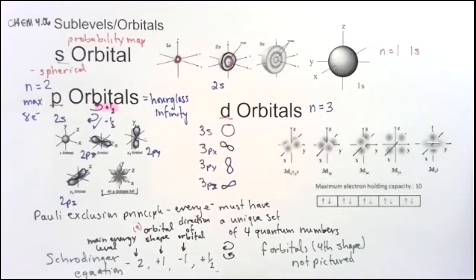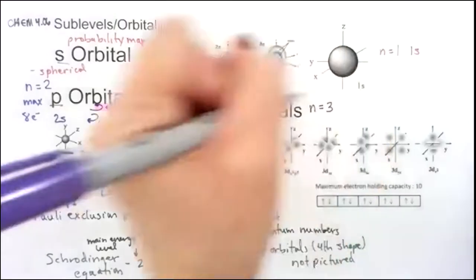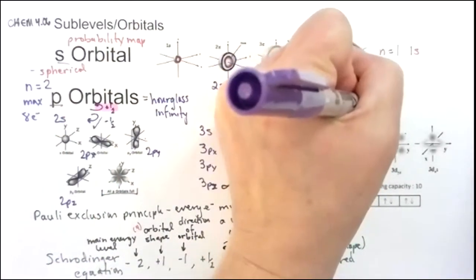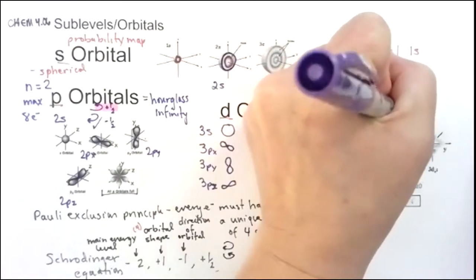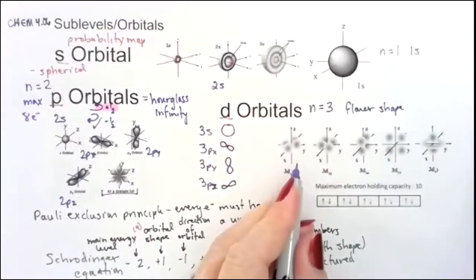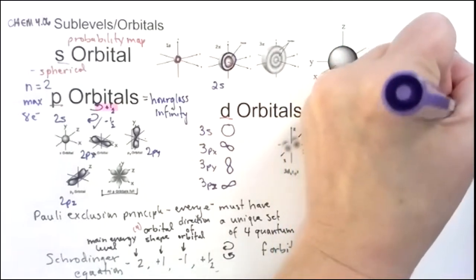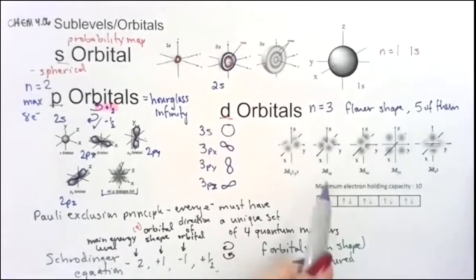But now I have d orbitals. D orbitals have kind of a flower shape. And there are 5 of them. Now the shapes are getting weirder and the orientation is getting weirder.